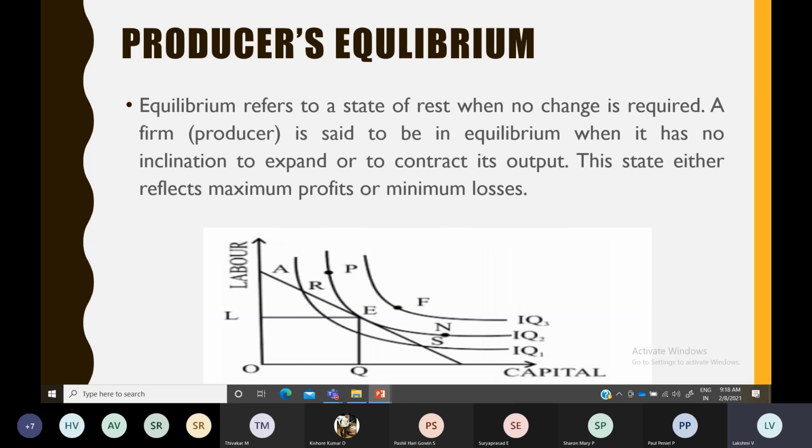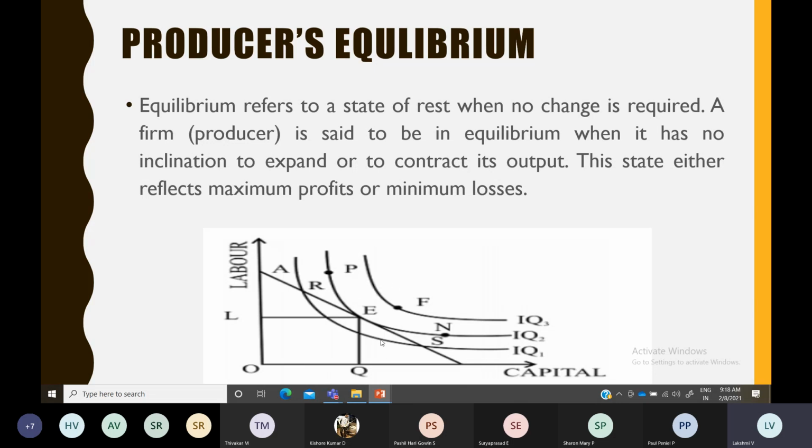So that is the stage. Producer's equilibrium means that is the stage where he is going to achieve the maximum profitability, maximum output, with least cost combination of factors. If it is going beyond this equilibrium point, that is the stage where he cannot have control over his production. His cost might increase, so all those things will come into the picture.